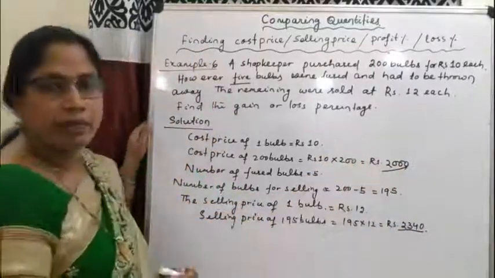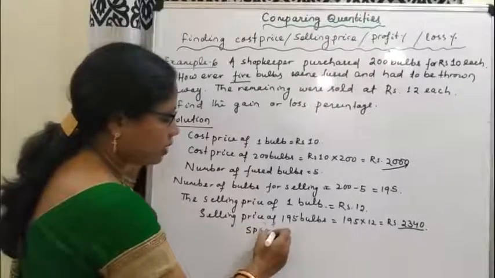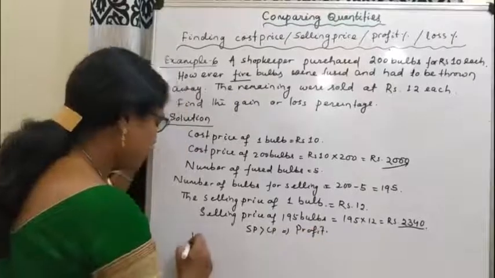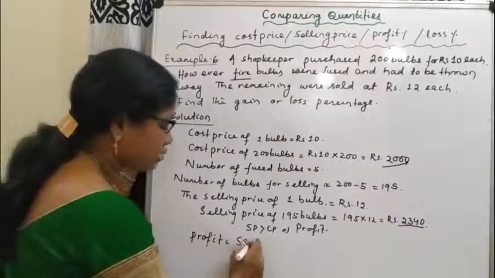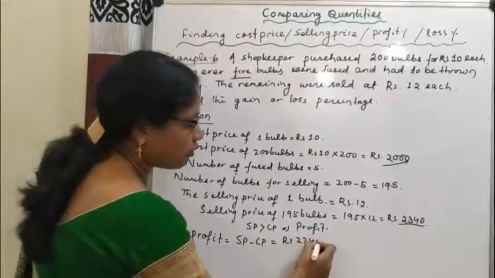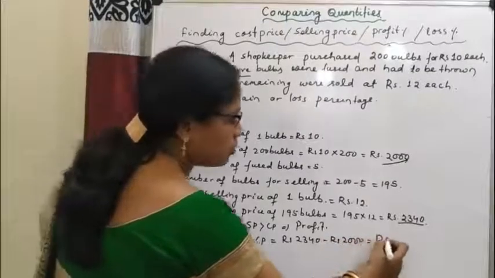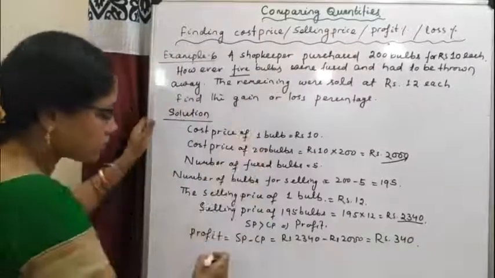So here selling price is greater than cost price. So that means profit. So what is the profit amount? So profit is equal to selling price minus cost price. That is rupees 2340 minus rupees 2000. So this is equal to rupees 340. Then what is profit percentage?